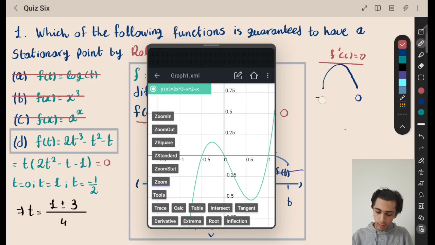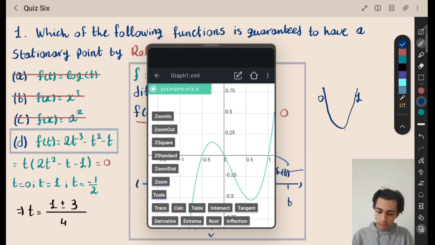Similarly, if you look at the other one with 0 and 1, you have a graph that looks like this. Same thing. So this is the point at which the derivative is 0, the rate of change.